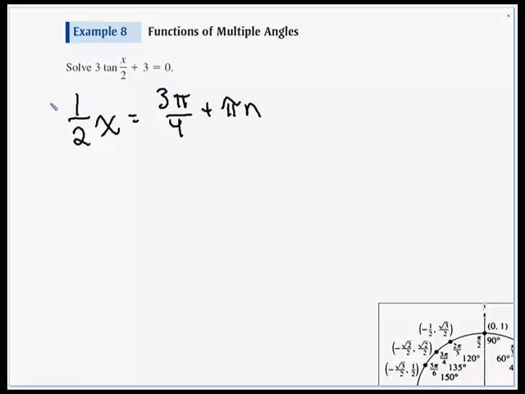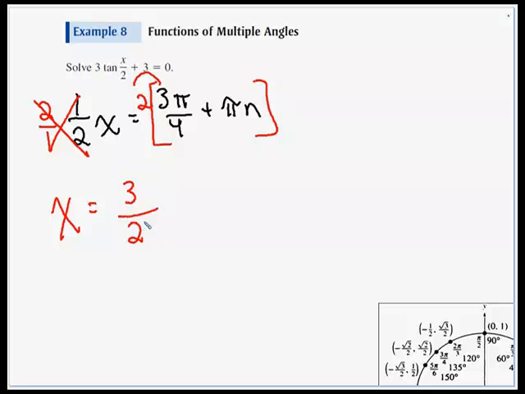To get this to be 1x, we are going to multiply both sides by 2. So here they will cancel, and we're left with x equals, when we distribute, 6 pi over 4, or 3/2 pi, plus, we would distribute the 2 also here, and we would have a 2 pi n.